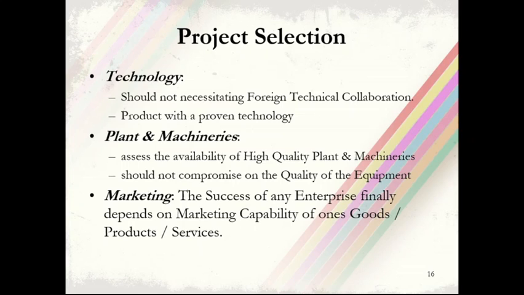The project chosen should not be for a product which requires sophisticated technology necessitating foreign technical collaboration. It is better to go in for a product with a proven technology that is available and where the entrepreneur himself is well versed with the required technology. That is, an entrepreneur should choose a product which is known to his business organization.